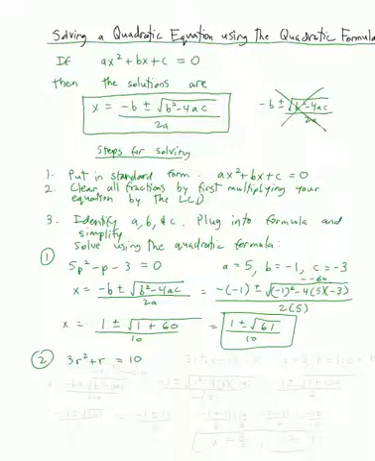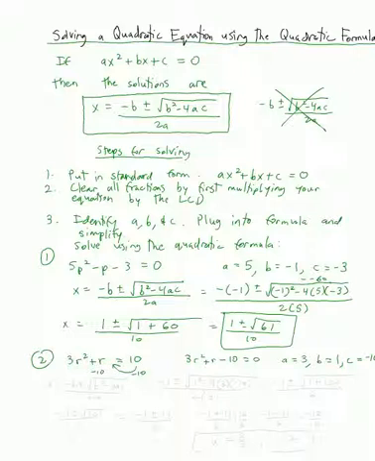This is almost in standard form, but we need to move this guy to the left also. So if I subtract 10 from both sides, I actually get 3r squared plus r minus 10 equals 0. Now it's in standard form. So let's identify. My a is 3, my b is 1, and my c is negative 10.